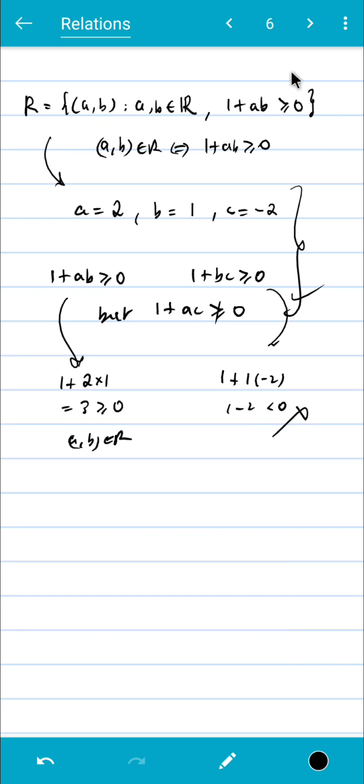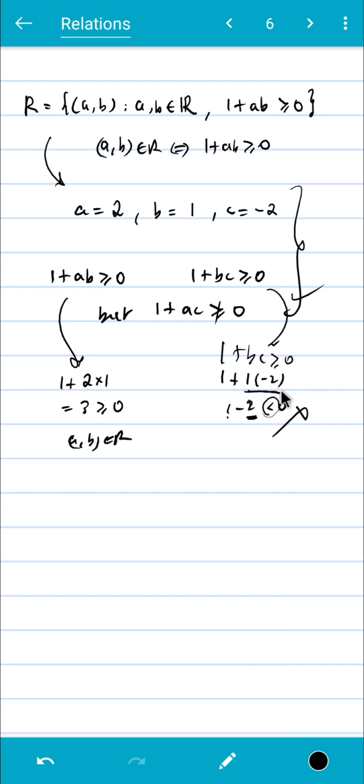So this doesn't work. Somehow I do need to take c to be negative, but then 1 plus bc has to be greater than or equal to 0. Since if it is minus 2, then the second term will be negative and be more than 1 here, so I get something less than 0.